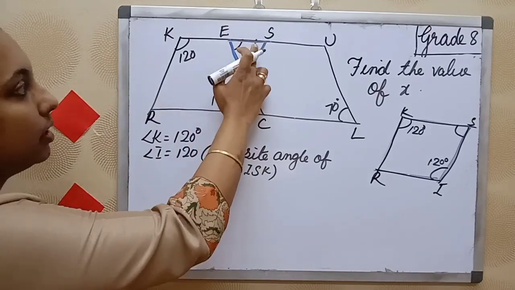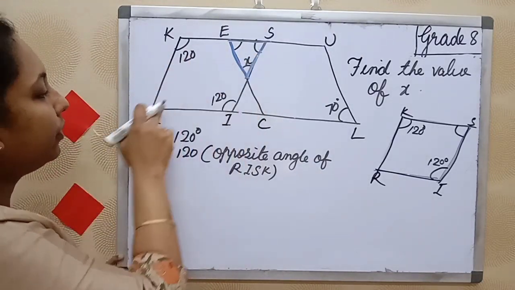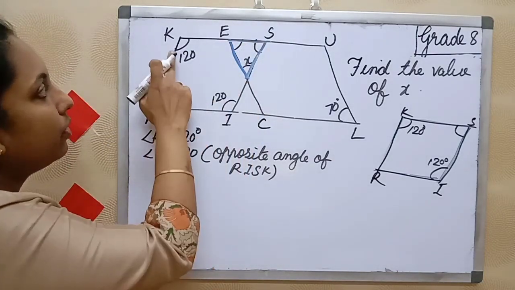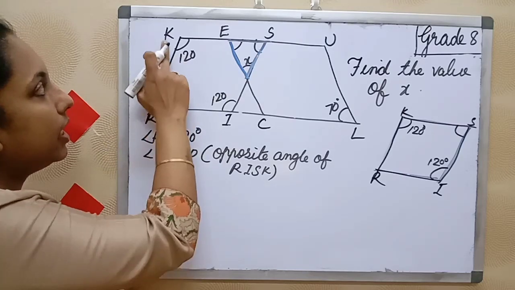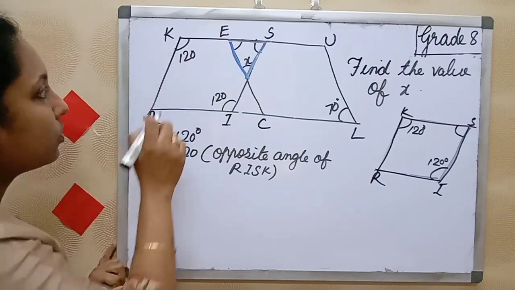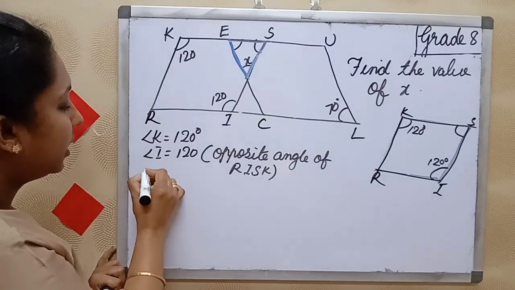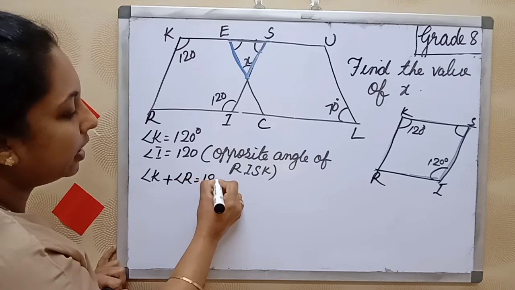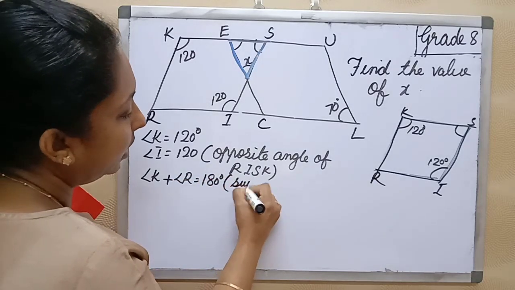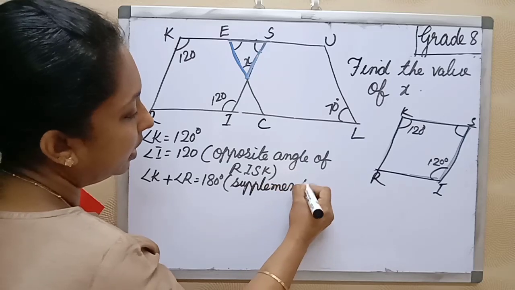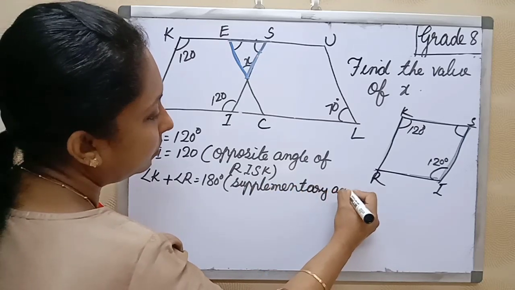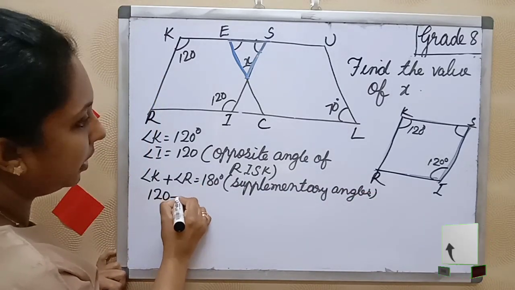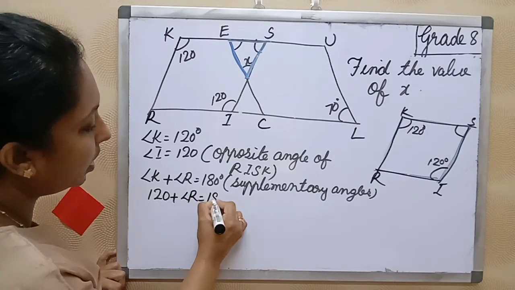Then we want S and E. If we know angle R, then the opposite angles are the same. Angle R and angle K are adjacent angles, so we can use the adjacent angles property. That is, angle K plus angle R is equal to 180 degrees, supplementary angles. So angle K is 120 plus angle R is equal to 180.